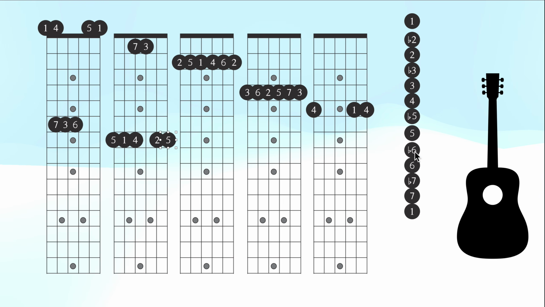And then continuing on, we got the flatted 6, 7, 3, 6, 2, 5, flatted 1 is the 7, 7, 3, that would be flatted 3, flatted 6.